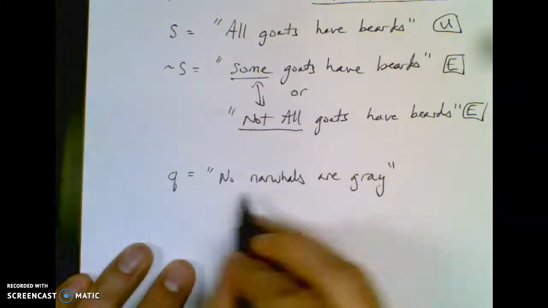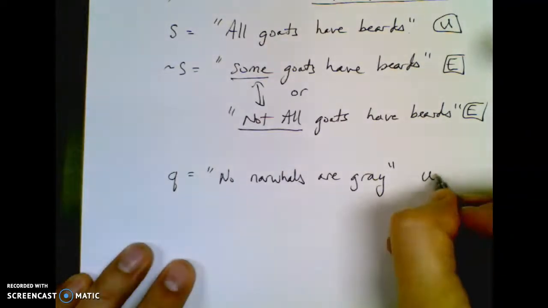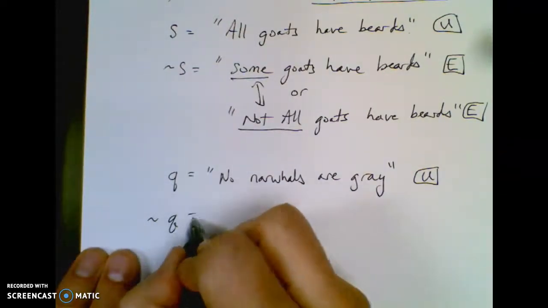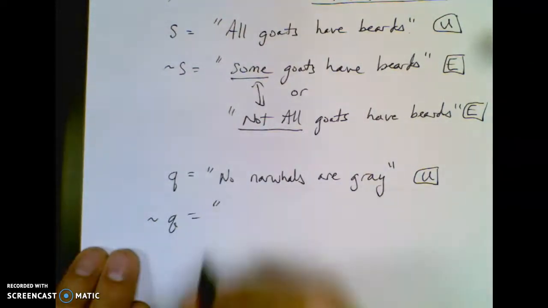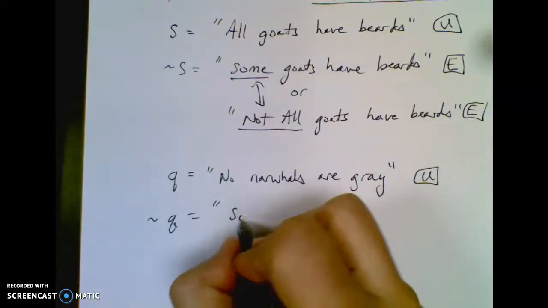That's a universal because it talks about all the narwhals. The negation of that, don't say all narwhals are gray, because that's another universal statement. The negation would be some narwhals are gray.